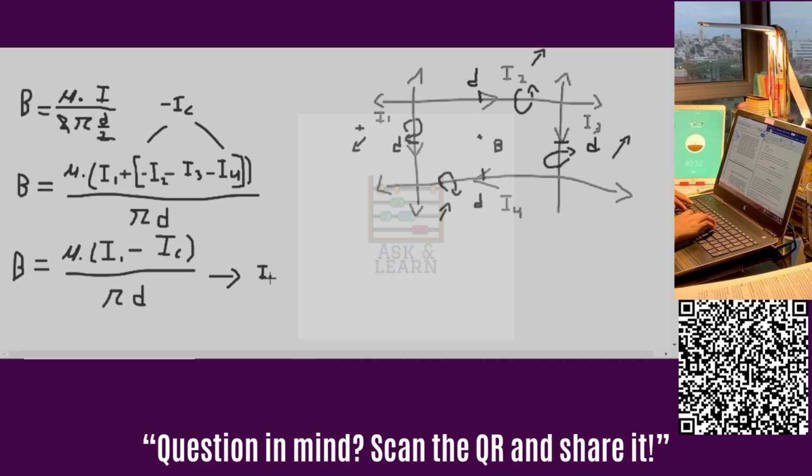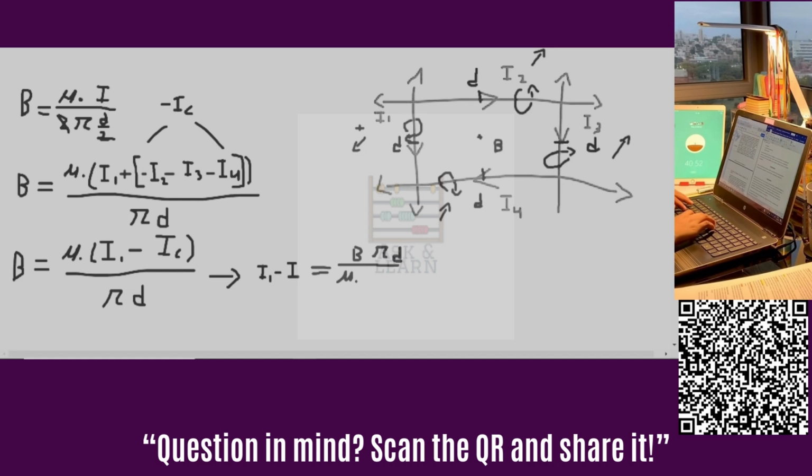Move everything but the current portions. So I1 minus IC. Move everything on this side over to that side. We have our B in the numerator. To move mu over, we have to divide both sides by mu naught. And to move pi d over, we have to multiply both sides.